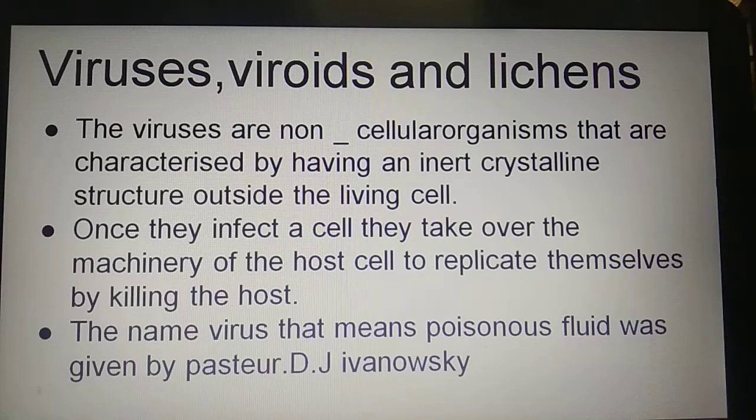But the moment they infect a cell, they take over the machinery of the host cell to replicate themselves by killing the host. Now, what is it? It is not by killing the host, but I would say by killing the host machinery. They kill the machinery of the host and they actually take over the machinery by themselves. For example, students, the coronavirus right now is doing the same thing. It is taking over our machinery to replicate.